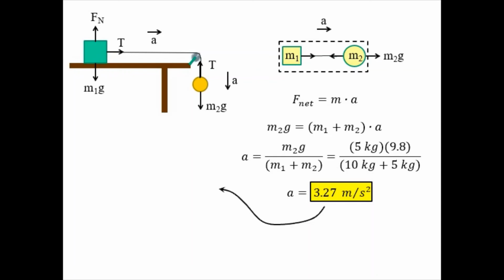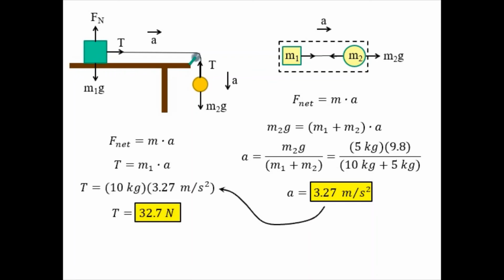which I can then use looking at the block, M1. Looking in the x direction, the tension is the only force pulling in the x direction, so that has to be equal to the mass M1 times the acceleration in the x direction, which is the acceleration of our system.